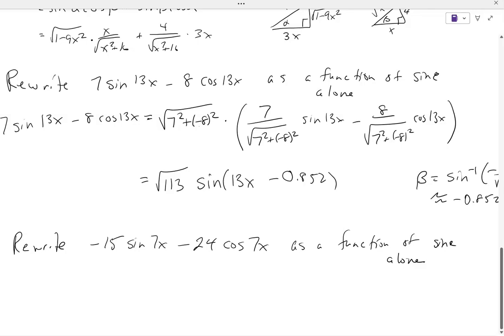If you want to put 113 here, yeah, you can. I was just illustrating where it was coming from. If you want to write it as 113 to start with, that's fine.